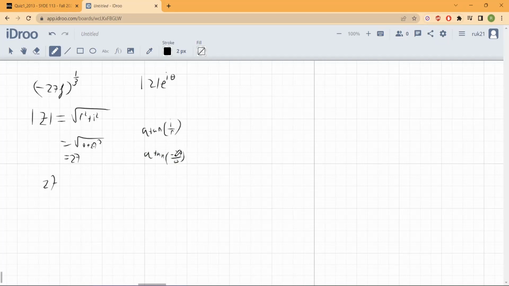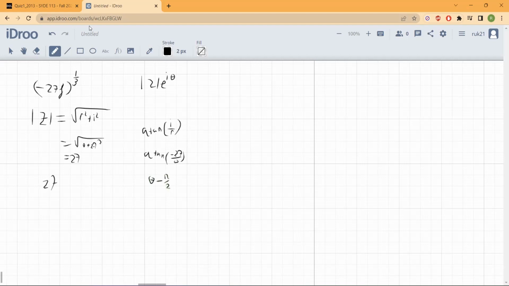This would give us negative infinity, I believe. I'm just checking my answers here so I don't lie to anybody. So yeah, that should give us negative infinity, which would then give us negative pi over 2. So our angle theta is equal to negative pi over 2.